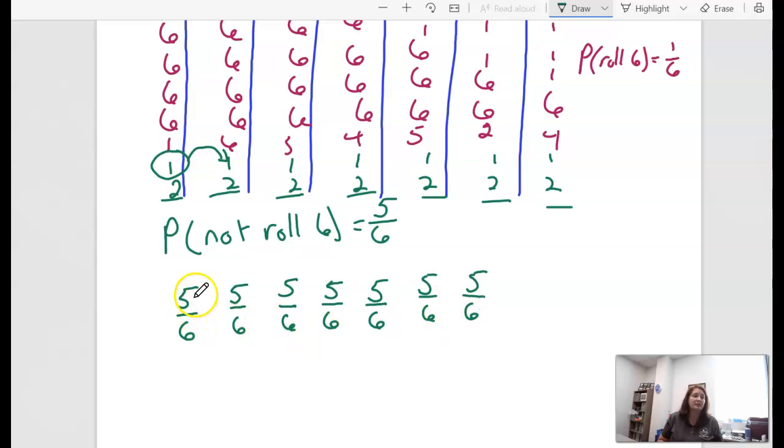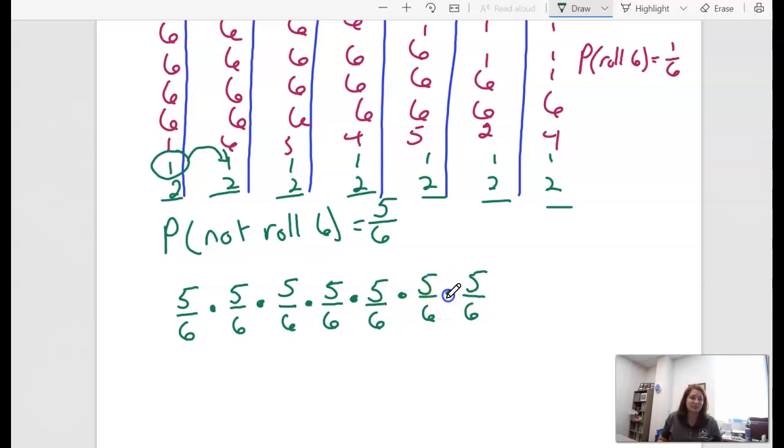And I want the first one not to be a 6. And I want the second one to not be a 6. And I want the third one to not be a 6. So I want all of these to happen at the same time. I don't want this or this. I want this and this. This and this.